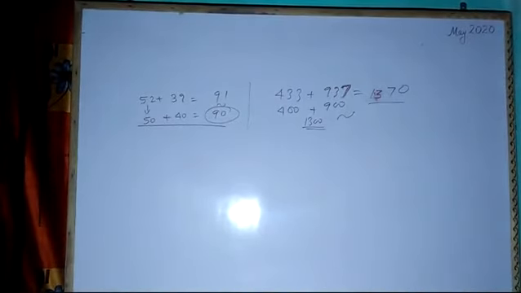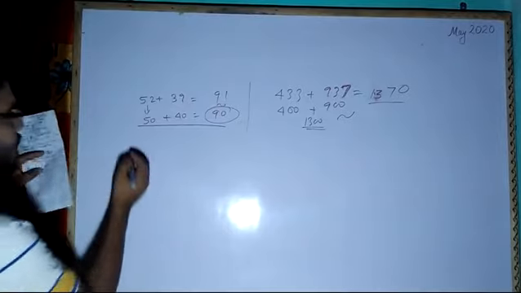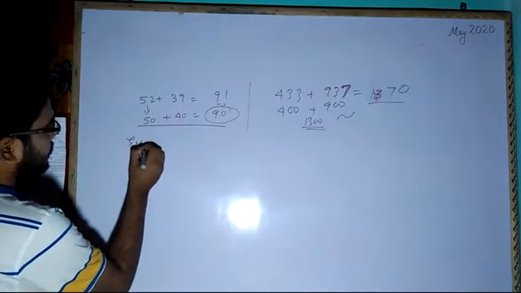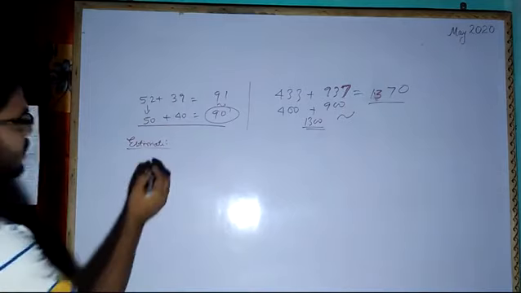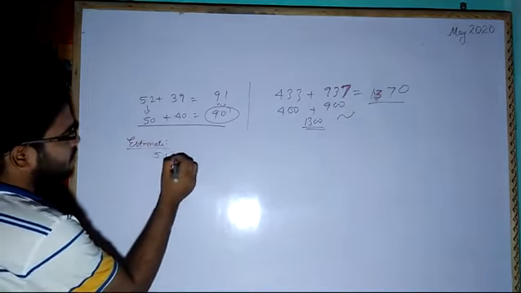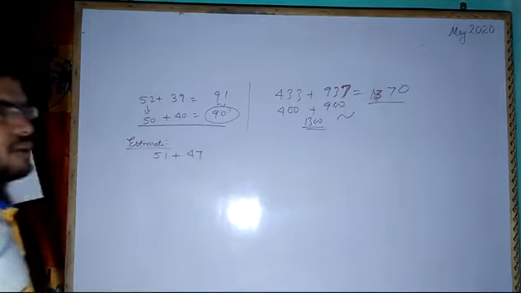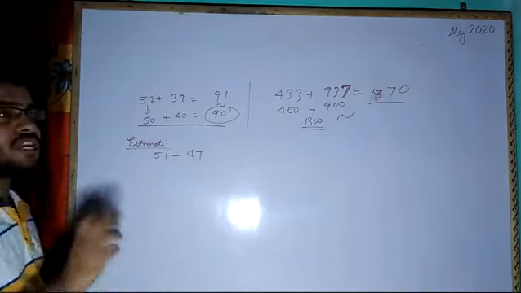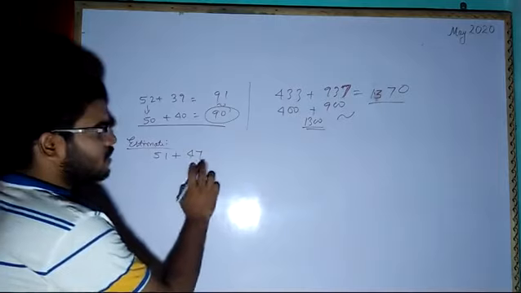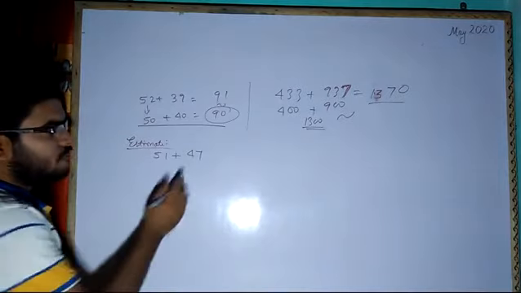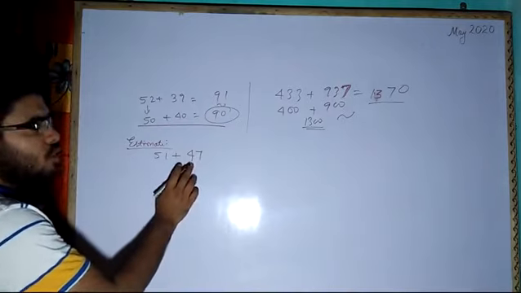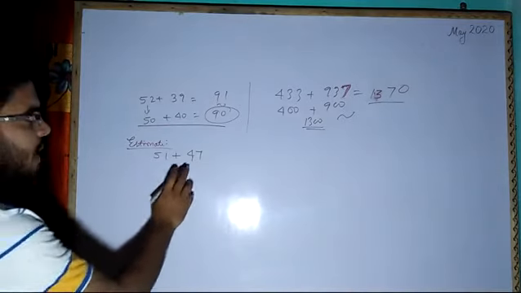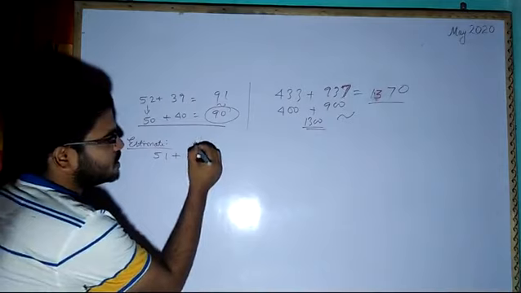Next exercise is to estimate. Now how to estimate? There are certain rules. Like if I have to add 51 plus 47. In this case we have to see the smaller number. The smaller number is 47. Now we have to round off to its maximum value, which means the tens position, here 4.